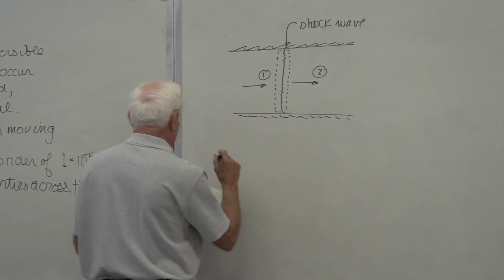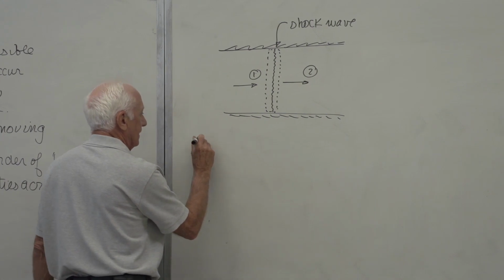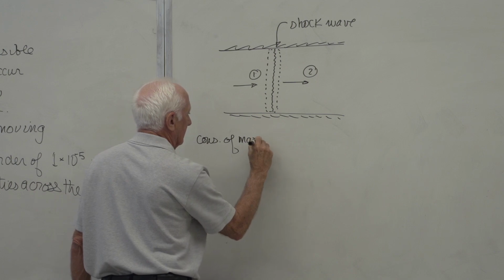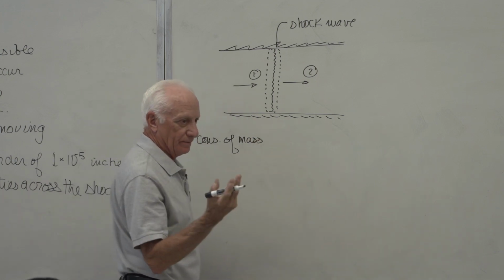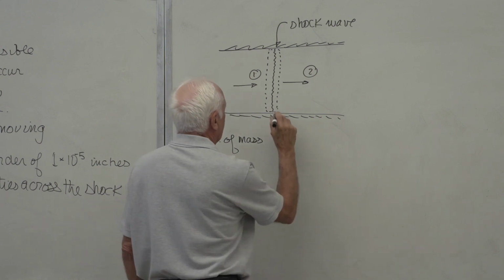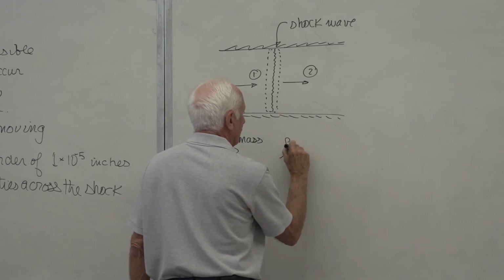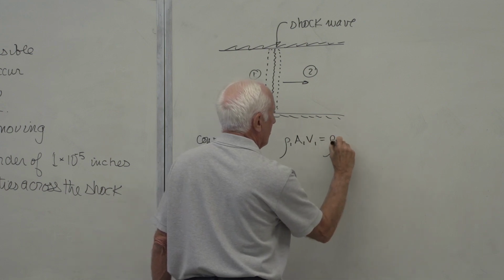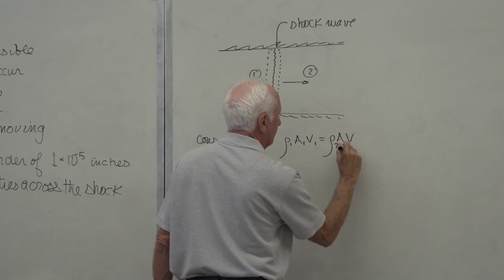First of all, we have conservation of mass. This is steady flow, okay? So we have rho A V at 1 equal rho A V at 2.